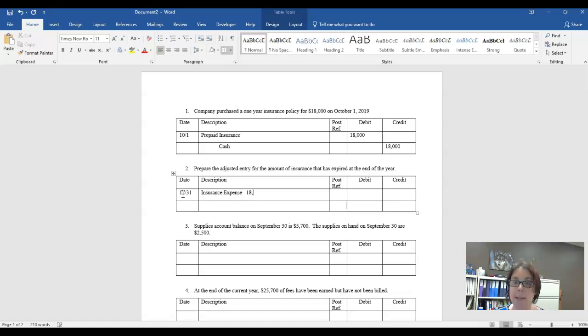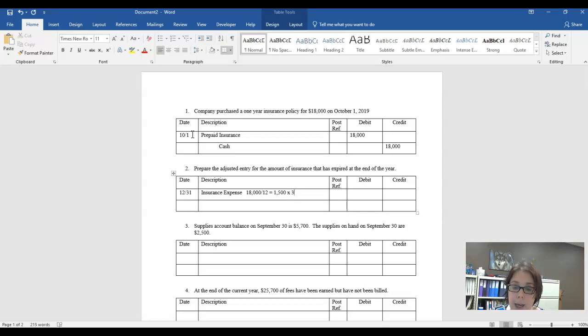Well, it was $18,000, and if I divide that by 12, that equals $1,500 a month. Now, I bought this insurance policy October 1st, so it's all of October, all of November, and all of December.